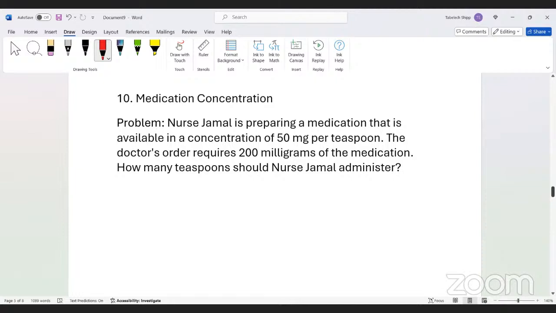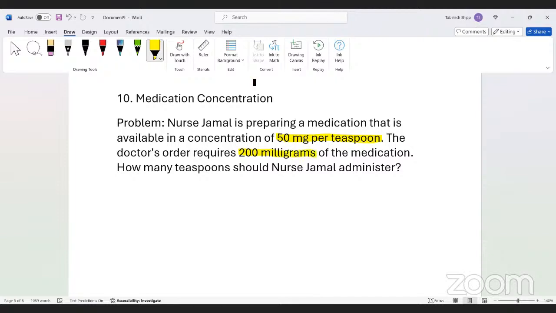Now, for the medication problem, I will do this and we'll close it out on this one right here. So it says Nurse Jamal is preparing a medication that is available in a concentration of 50 milligrams per teaspoon. 50 milligrams per teaspoon. The doctor's order requires 200 milligrams of this medication.